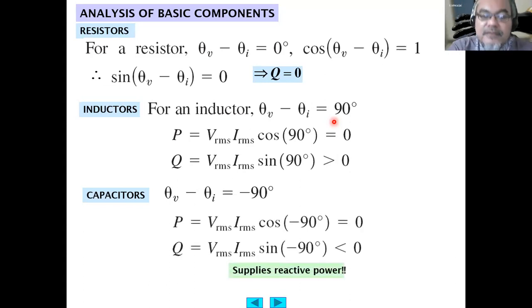So in this case, similar to the inductor, the active power will be equal to 0, because cosine minus 90 degrees is 0, while the reactive power will be sine negative 90 degrees, or negative 1, times VRMS times IRMS. So the reactive power will be less than 0, or negative. And we know if the reactive power is negative, it means that it is not absorbing reactive power, but instead it is supplying reactive power.